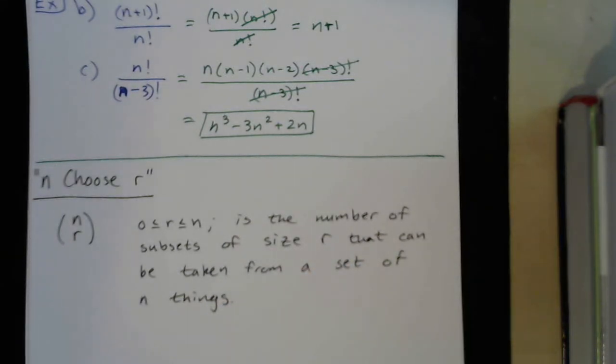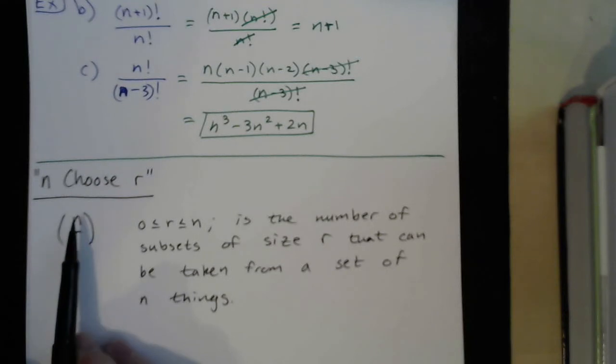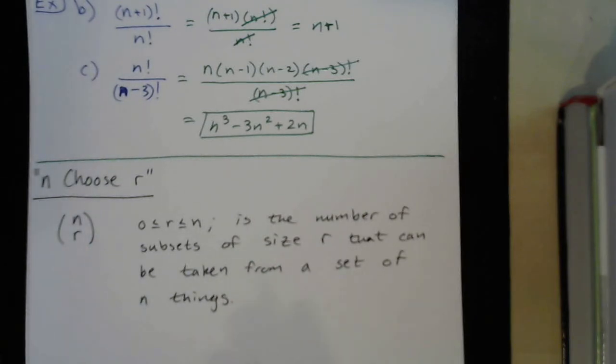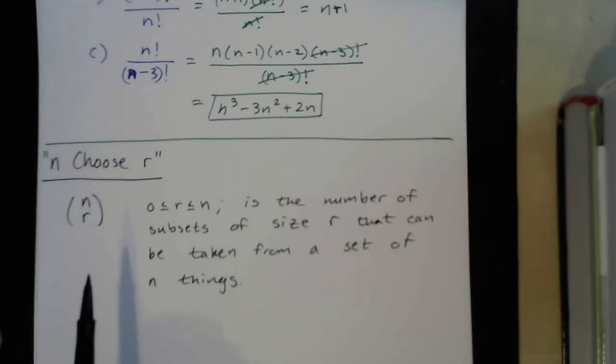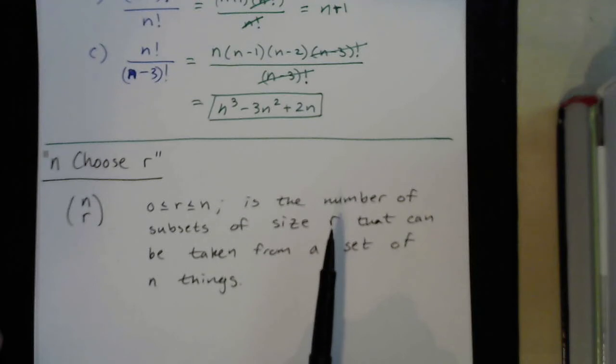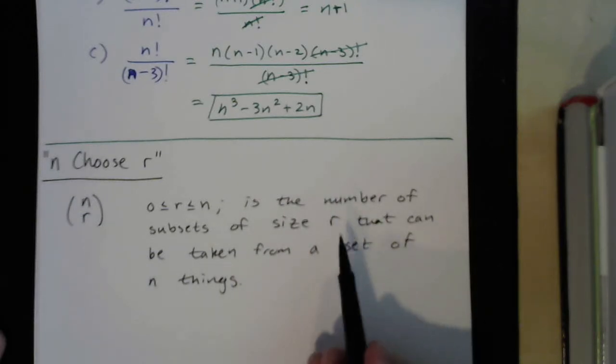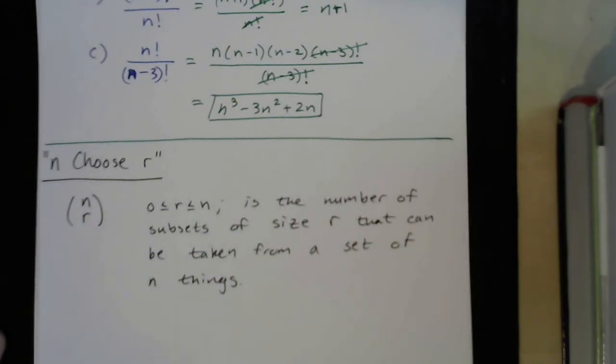So you can think of this as how many ways can you divide n by r? So let's say I'm making groups for group work, and I want each group to have r people, and we only have n students in the class. There are only so many combinations that I can make. I can make exactly n choose r different combinations.